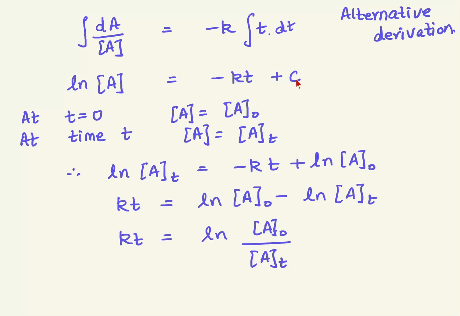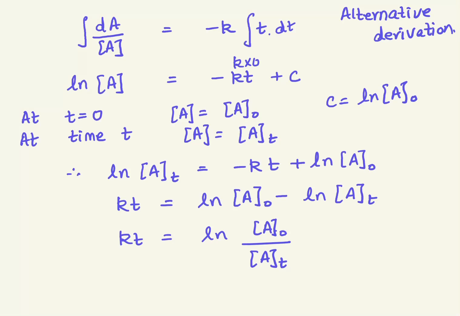Now in order to get rid of the integration constant, I need to find its value. At t equal to 0, that means when this expression is 0, I multiply k by 0, so this becomes 0. The concentration of your reactant is A0, that is the initial concentration. In other words, your c becomes natural log of A0, right?